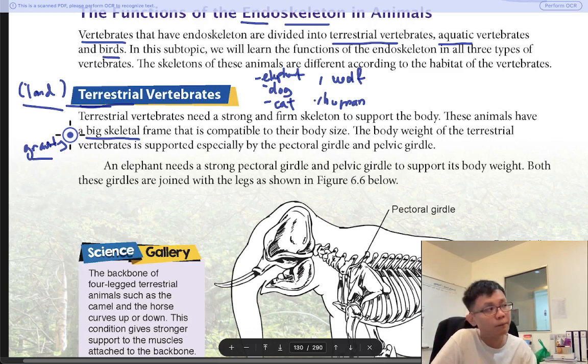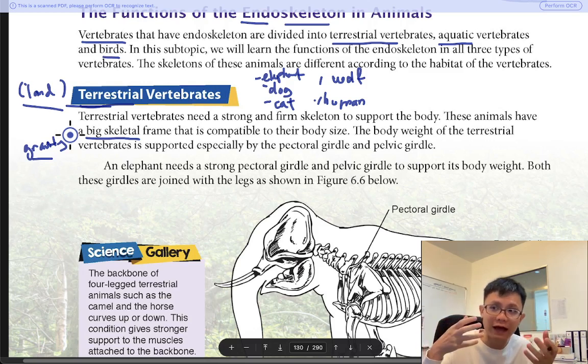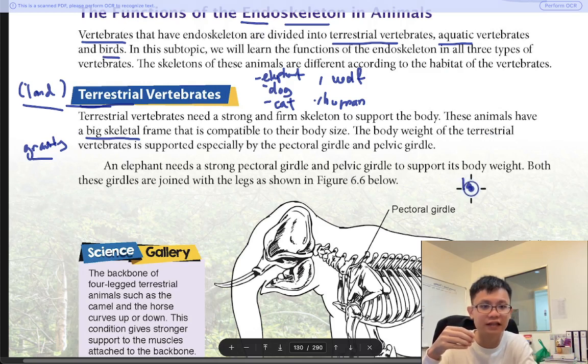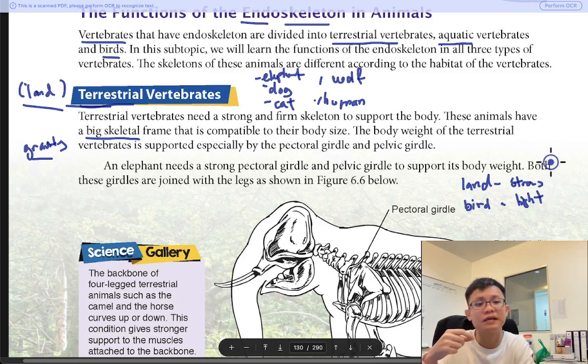For the birds, I would say the birds no need that strong, because the bird main focus is to fly. So if the bird want to fly, the bird need to be light. So the main thing for the bone is light. Okay, so for the land, I would say that the most important thing for the bone is strong. And for the bird, the air, the bone must be light.